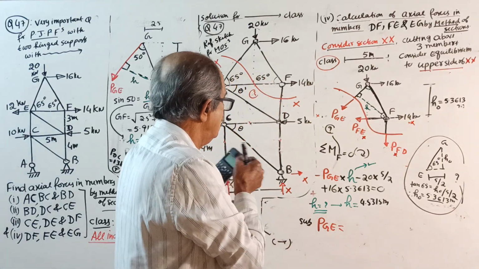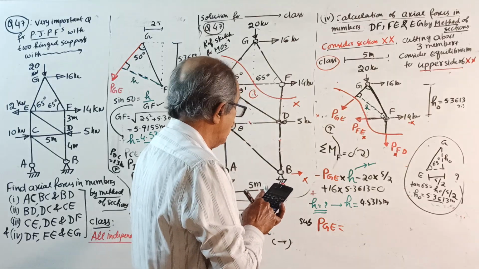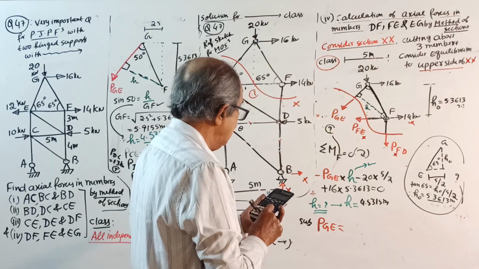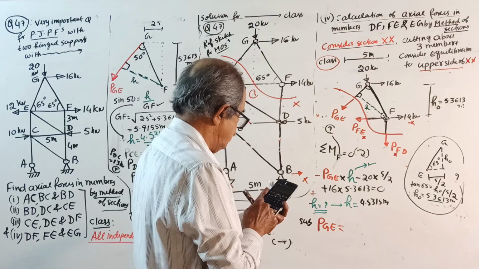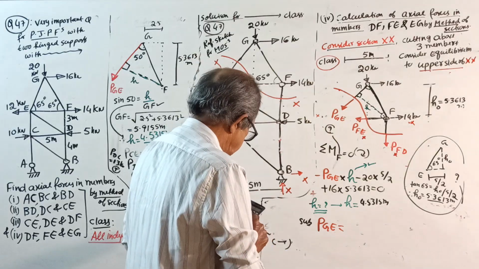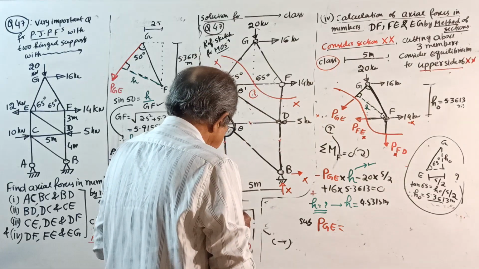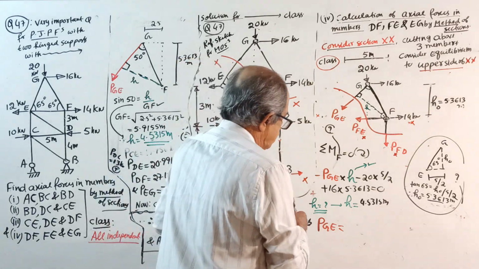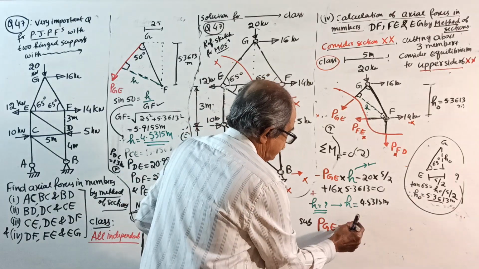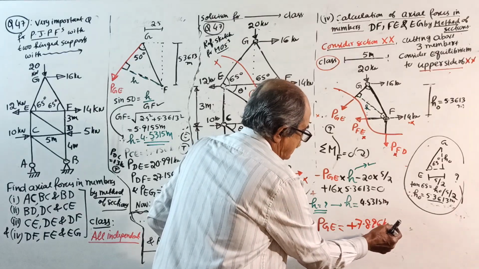PGE will come: minus 20 into 2.5 plus 16 into 5.3613, answer divided by H, 4.5315. Is plus came, minus came? Plus came. 7.896 kilonewton. Minus or plus? Plus. 7.896 kilonewton. Okay. Get the answer.